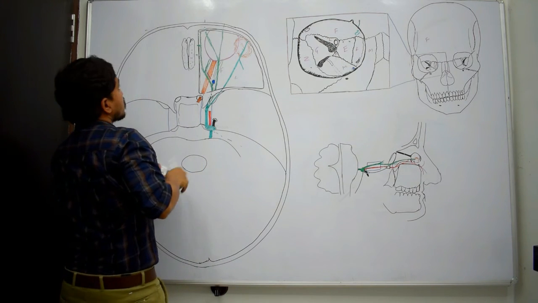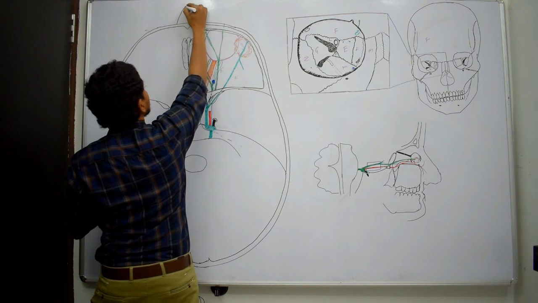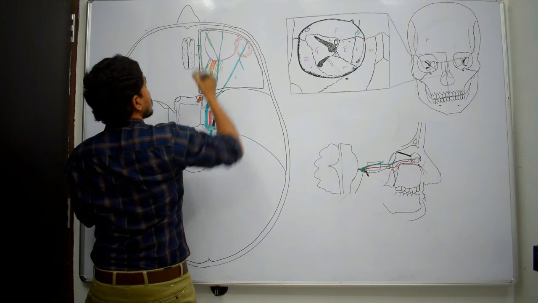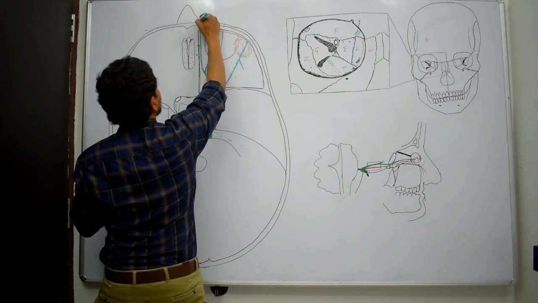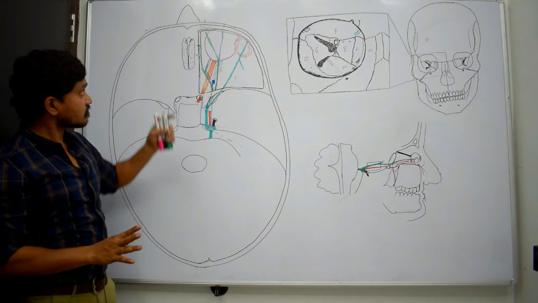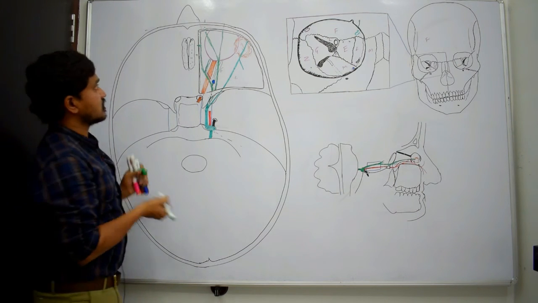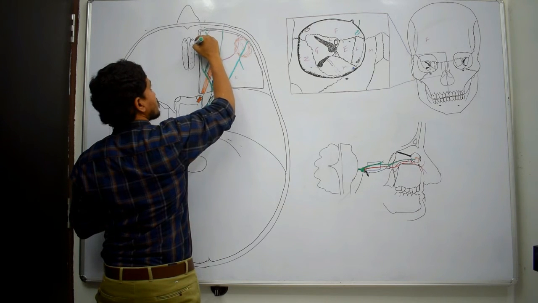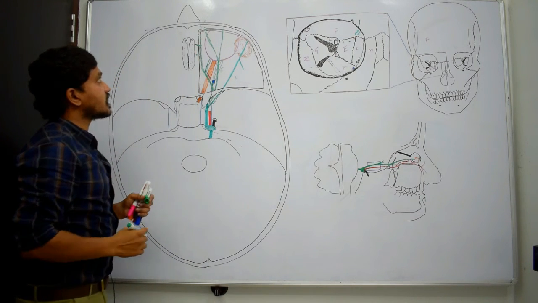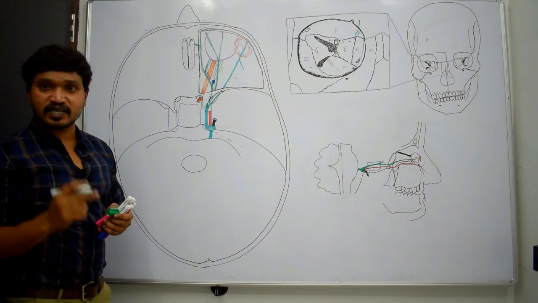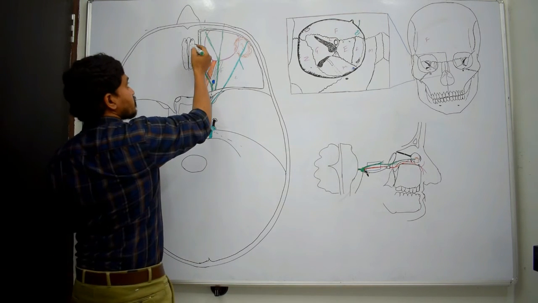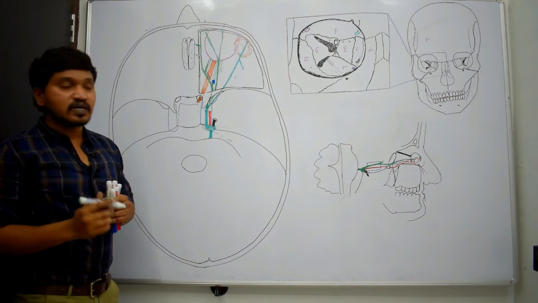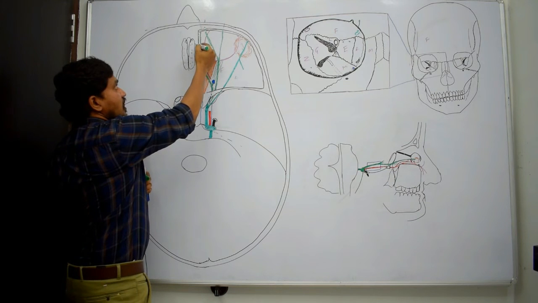If you draw the nose here, this is the nose. So it supplies the upper part of the nose also. Then the last terminal branch is the anterior ethmoidal nerve. This anterior ethmoidal nerve passes through the anterior ethmoidal foramen and appears in the anterior cranial fossa, where it supplies the meninges.